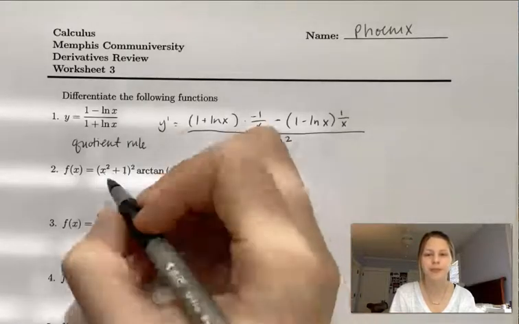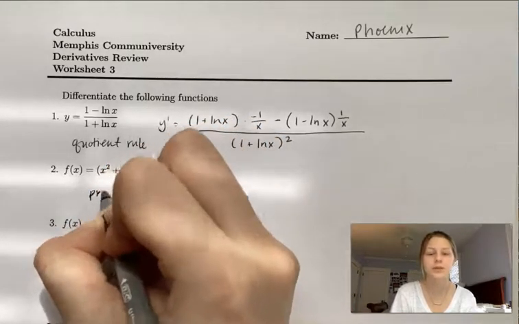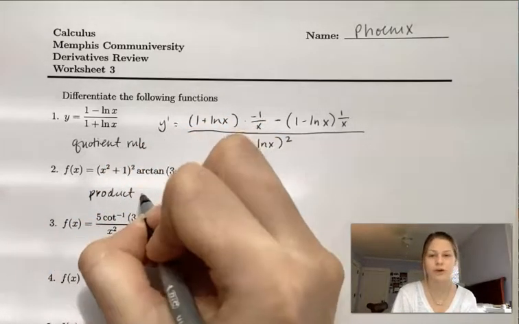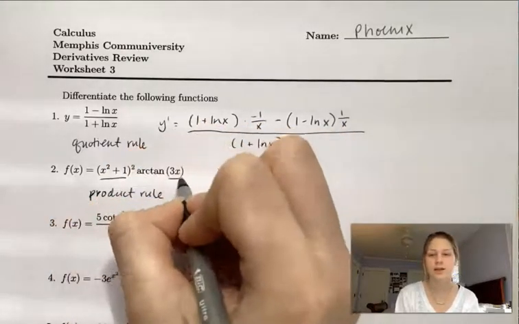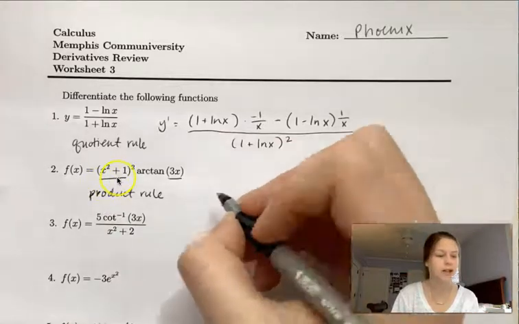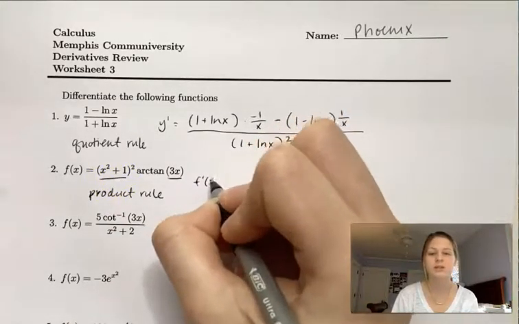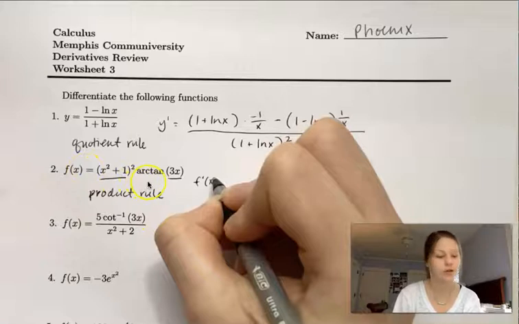Okay, and the next question we'll do is our first product rule question. And keep in mind that each of these things, as I'm underlining here, have functions within themselves. So this problem will also require the chain rule.